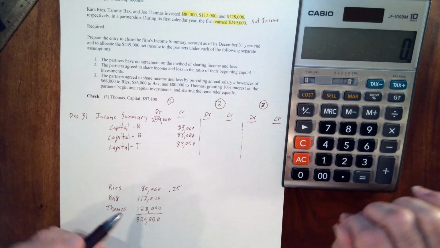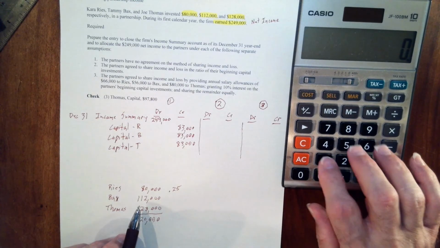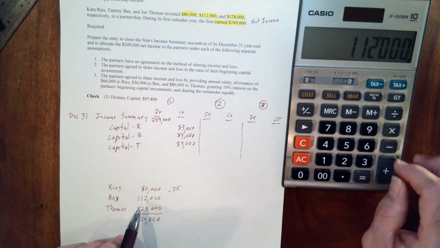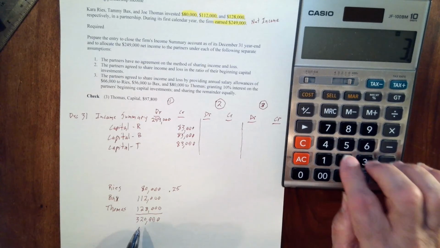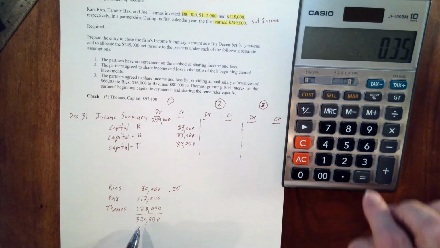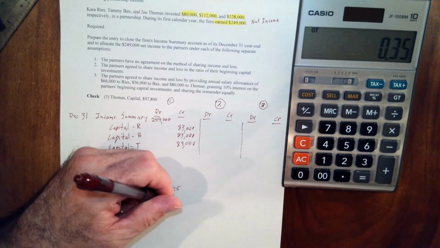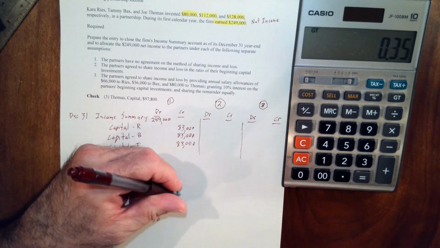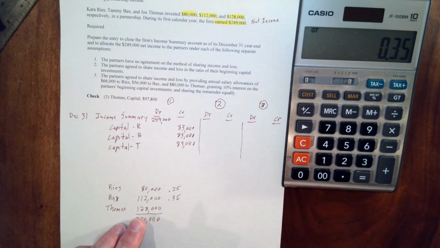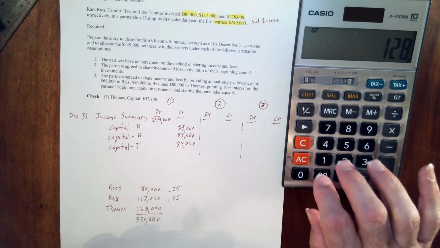4 times 8 is 32. Alrighty, let's do the next one. Bax is at 112,000. We're going to divide that by the total of all capital accounts, 320,000, which is 35%, 0.35. And then Thomas is at 128,000.